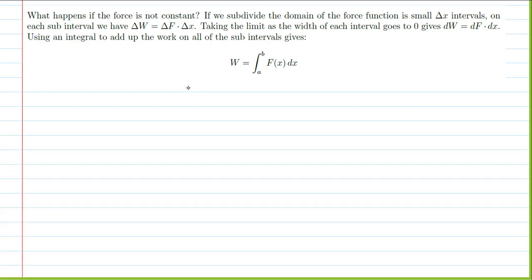So what happens if the force is not constant? Well, if we subdivide the domain of the force function into small delta x intervals, on each subinterval the amount of work that is done is equal to the force at that point times delta x.